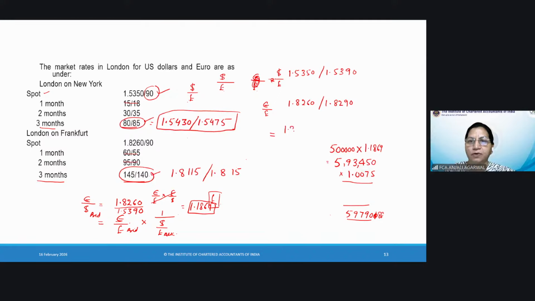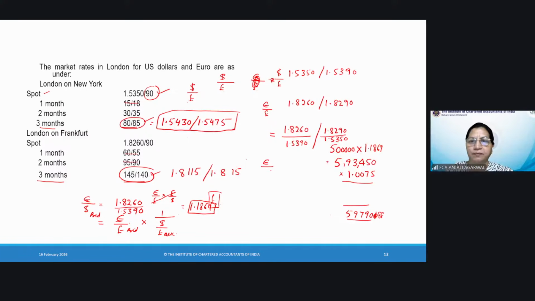So it is 1.8260 divided by 1.5390 is the bid and 1.8290 divided by 1.5350 is the ask.